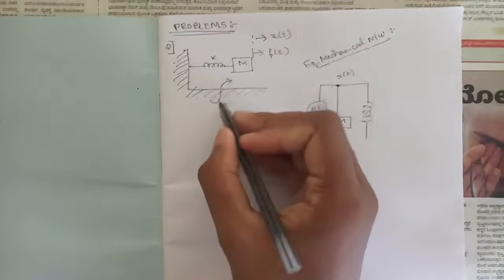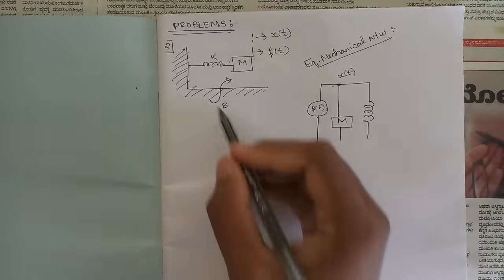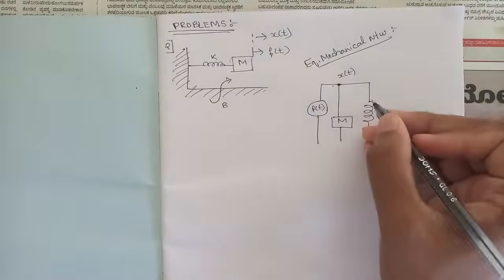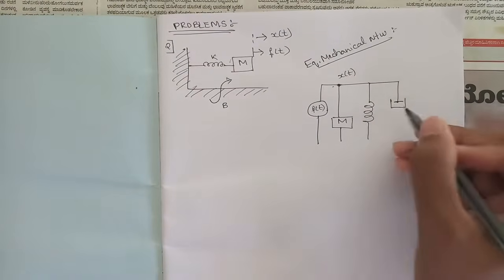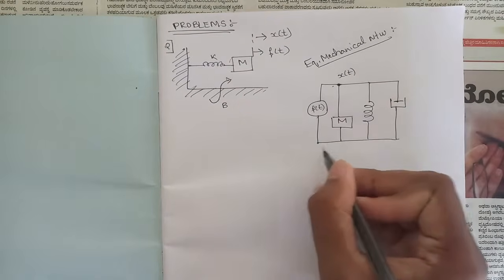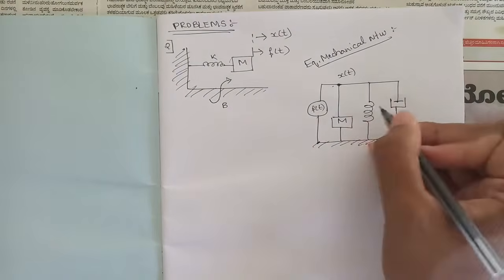This arrow sign represents the friction. Okay, because the friction is taking place here, so this is indicated by an arrow. In order to represent a friction we write it like this. Then join this, and if you want you can make this a surface.